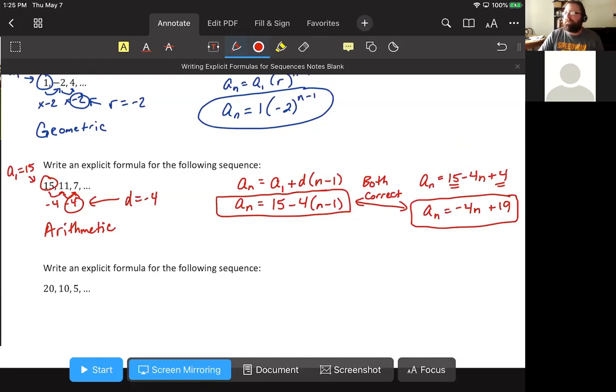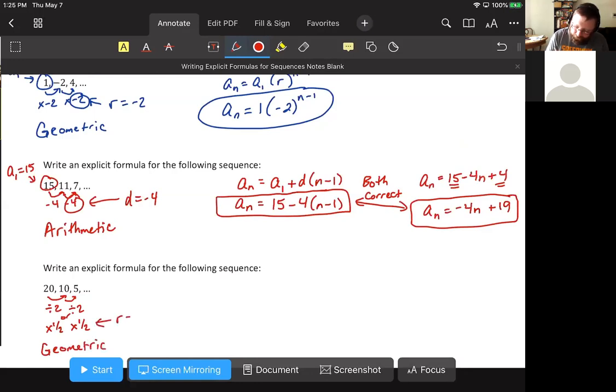And finally, on our last one, okay, once again, we have a division pattern which is the same as multiplying by 1 over 2. So this is a geometric sequence.